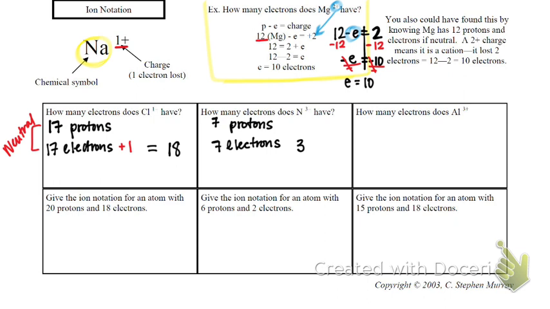So I'm always going to change electrons. Actually, we want to add electrons to be negative. Feels backwards. But yeah. So how many electrons are we really going to have? 10. Okay.